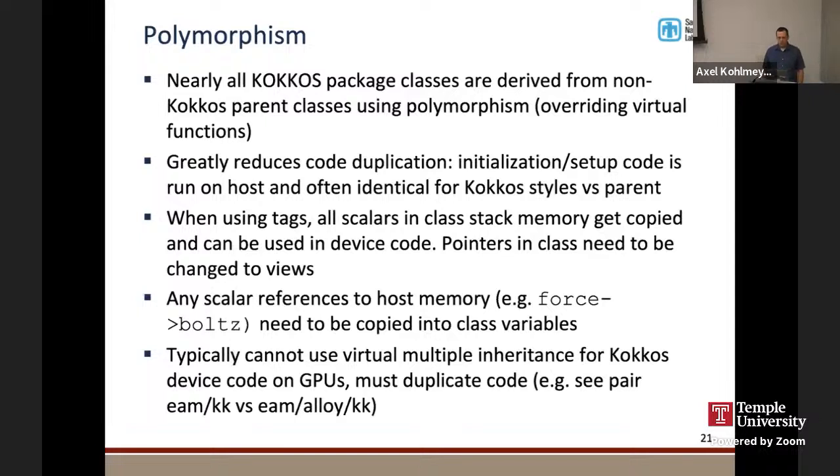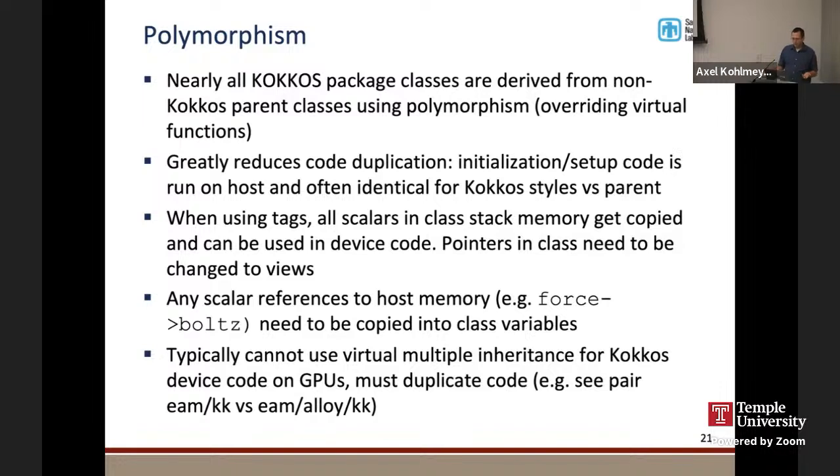Okay. So we're really trying to avoid code duplication. This is true of a lot of LAMMPS. We have a few core files, and then everything is derived from that, and it's just this hierarchy. But especially with Kokkos, like I said, we typically don't do initialization or setup code on the GPU, so it can just be copied from the parent style.